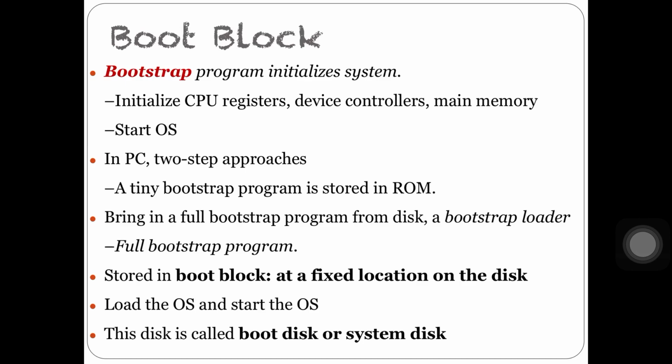It initializes all aspects of the system from CPU registers to device controllers and contents of main memory, and then starts the operating system. To do this job, the bootstrap program finds the operating system kernel on the disk, loads the kernel into the memory, and then initiates the address to begin the operating system execution.